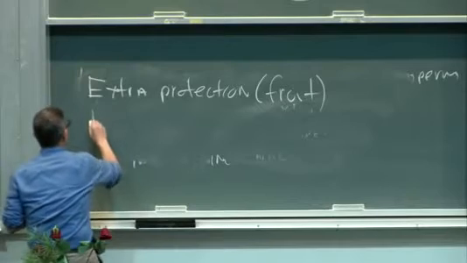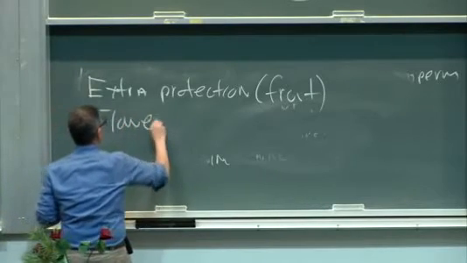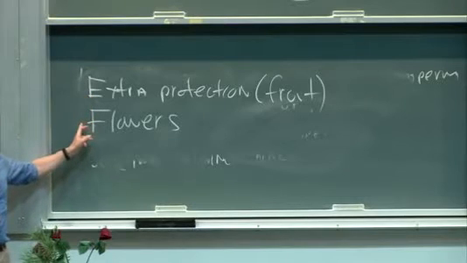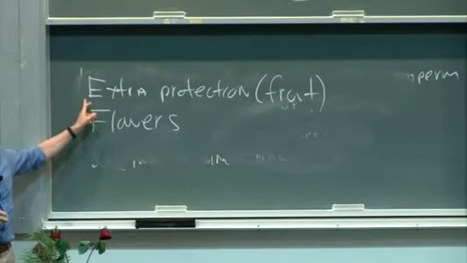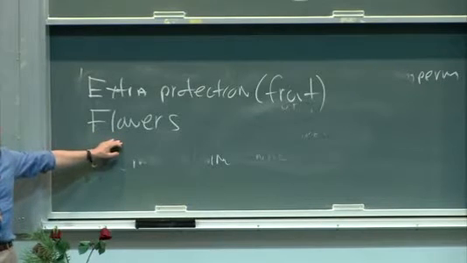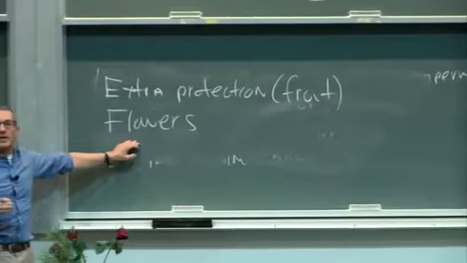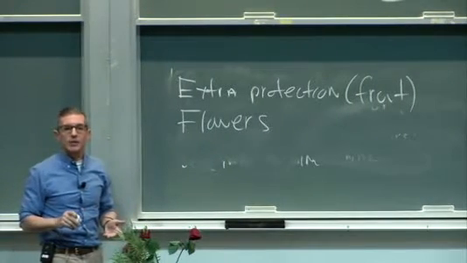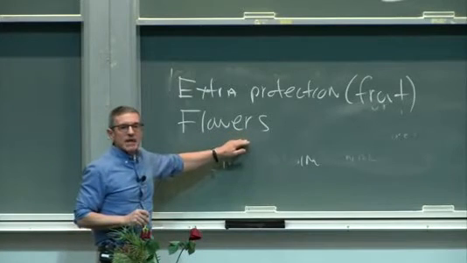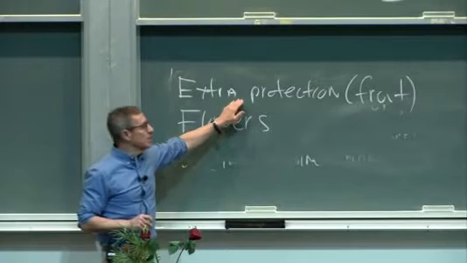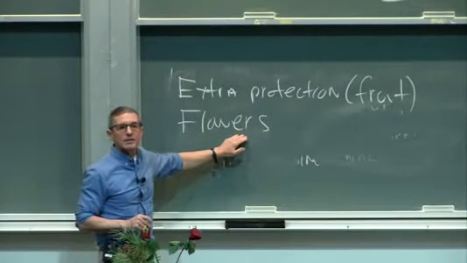That is, they developed flowers. So with these two remarkable evolutionary advances, the development of this container or the fruit and the development of flowers, angiosperms were able to cover the entire planet, to really confine the gymnosperms to areas where the angiosperms basically could not grow. And what I want to say at the outset for this discussion is that these two are linked. The extra protection is linked to the development of flowers, or to the origin of flowers.